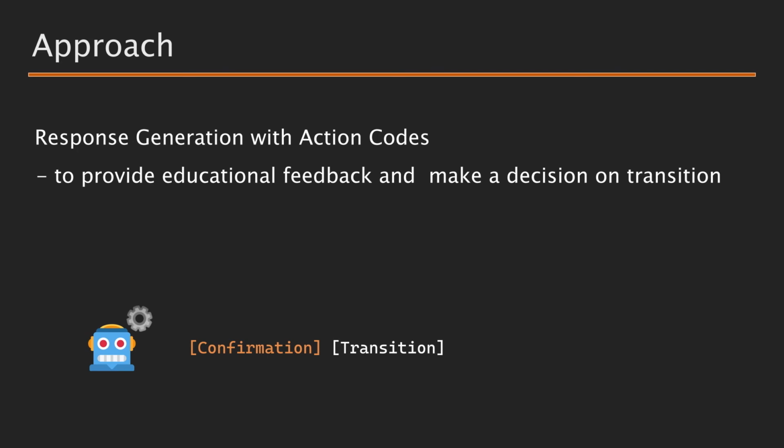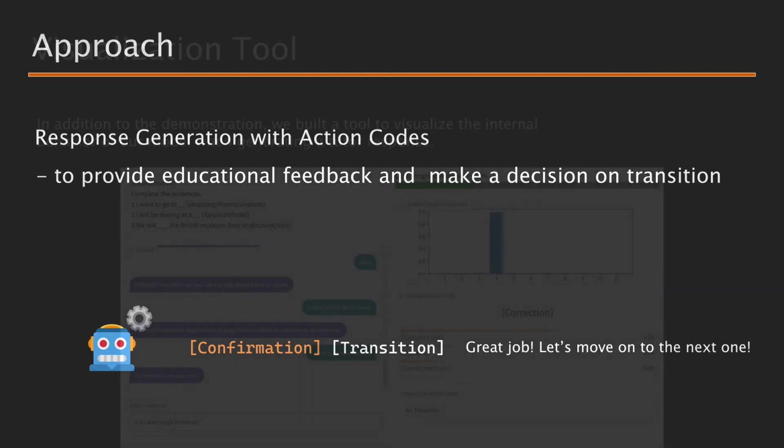Then, it generates a transition token, which we call instruction action code, when the model needs to make a transition to the next instruction. Finally, the response is generated conditioned on these action tokens. Note that we've never predefined the logic that selects a response based on the generated special tokens.